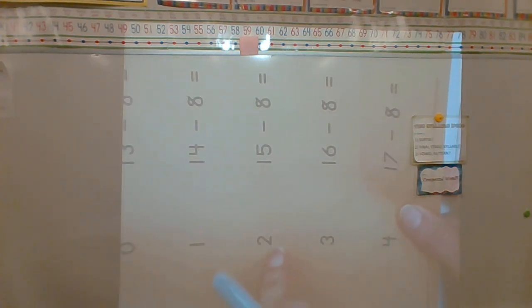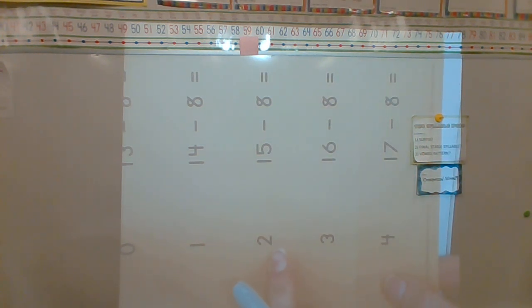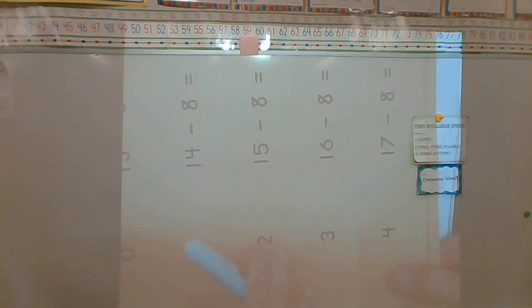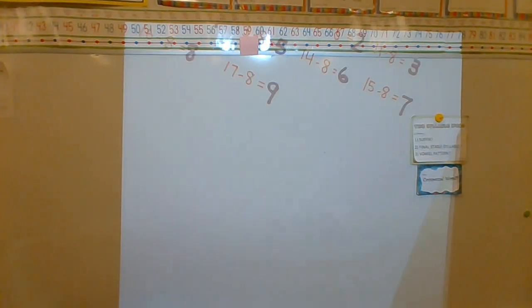Or if you turn over a number 2, you also have to say the problem that would give you the answer of 2. What's 8 plus 2? 10. So you're looking for 10 minus 8. So that's a way to practice also. So if you want to play the game in lieu of the front or back of one of those, that's a fair trade. I'll let you do it.